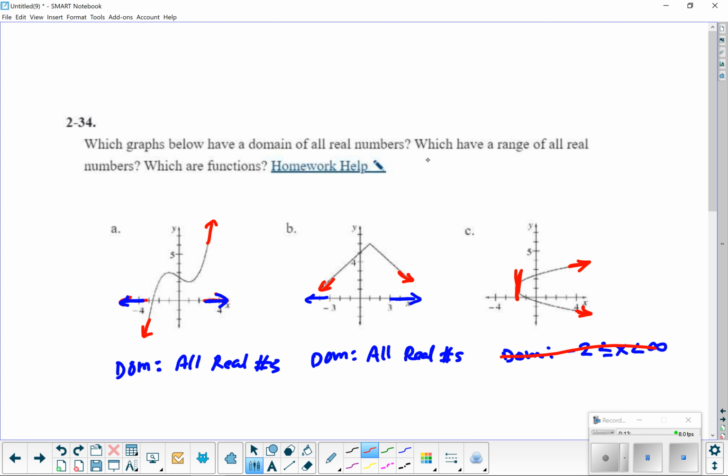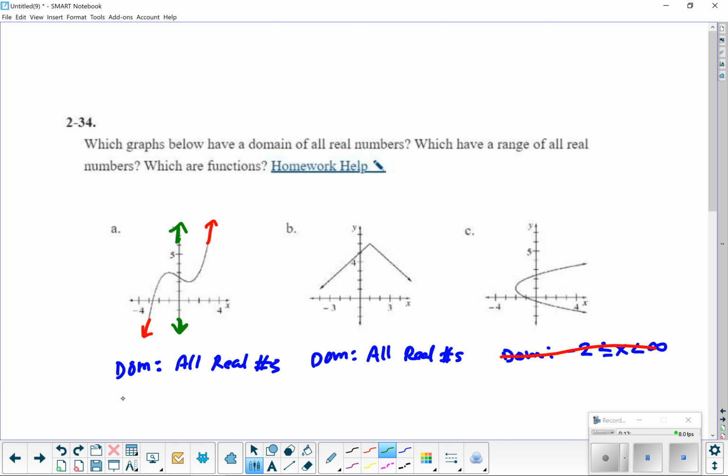Okay. Second part, which has a range of all real numbers. Since we're talking about range, talking about down and up, right? So again, looking at the arrow. This first one, the arrow is pointing diagonally down and to the left, which means that it is going down, so it is starting at -infinity, and this one has an arrow pointing up and to the right, which means it is going up.